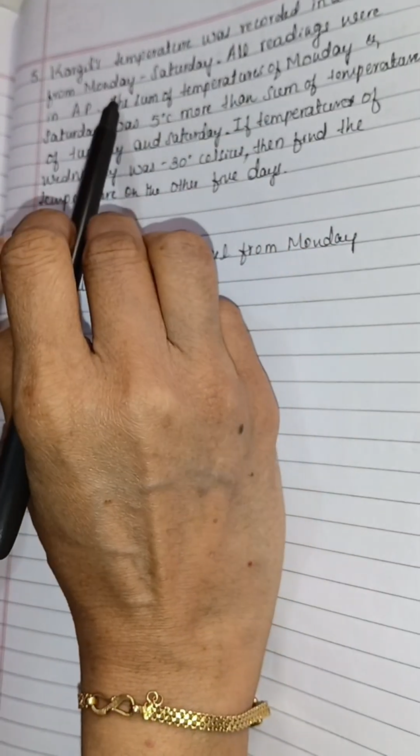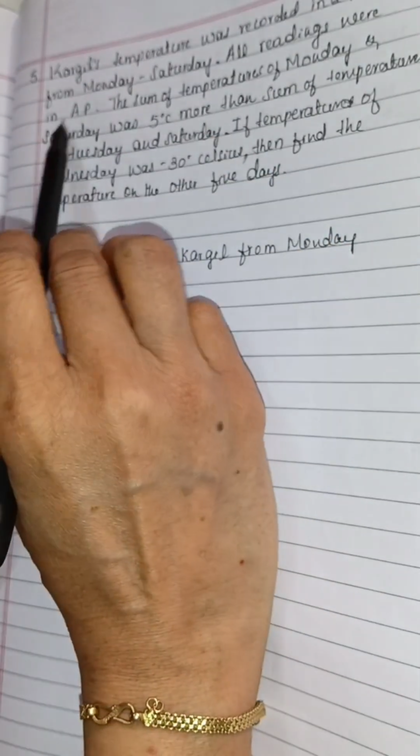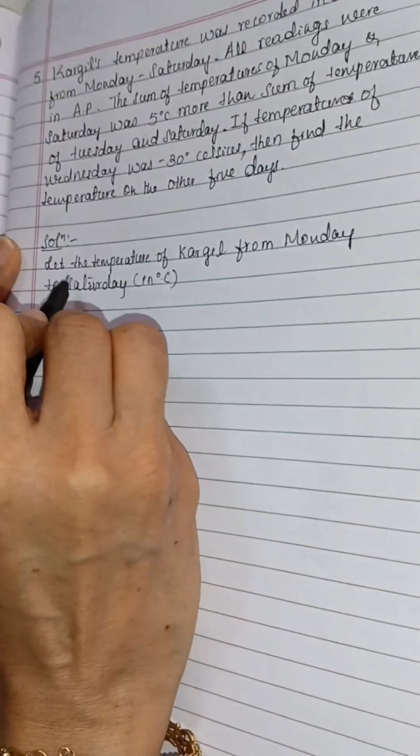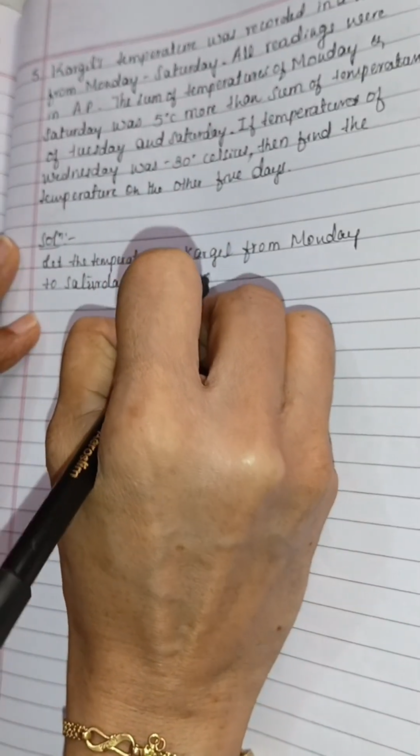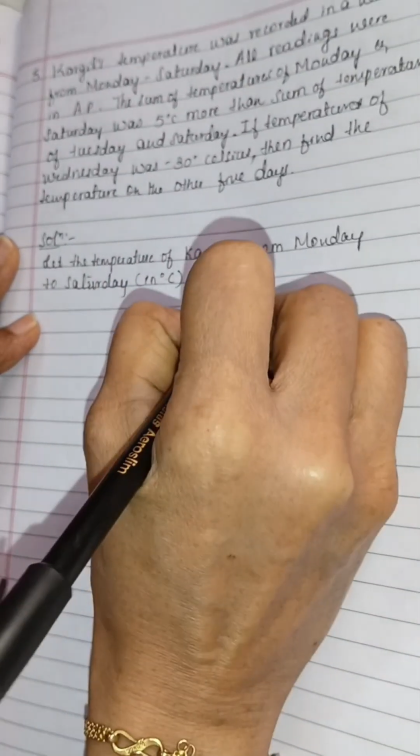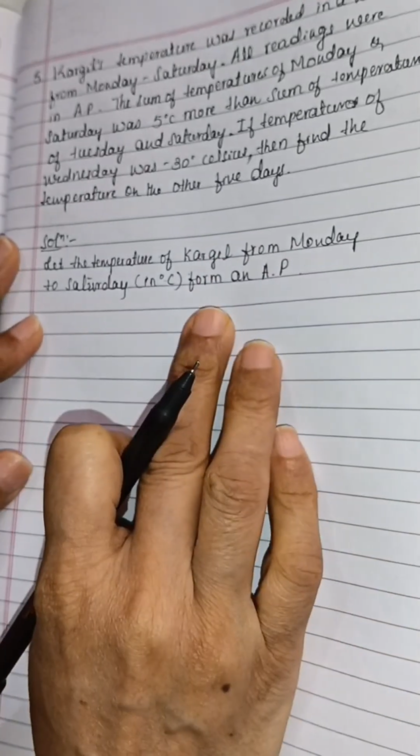See, Monday to Saturday all readings were in arithmetic progression. Let the temperature of Kargil from Monday to Saturday form an arithmetic progression. That we have to assume now.